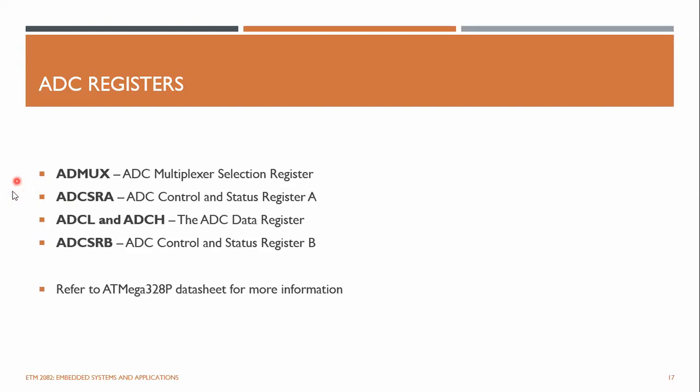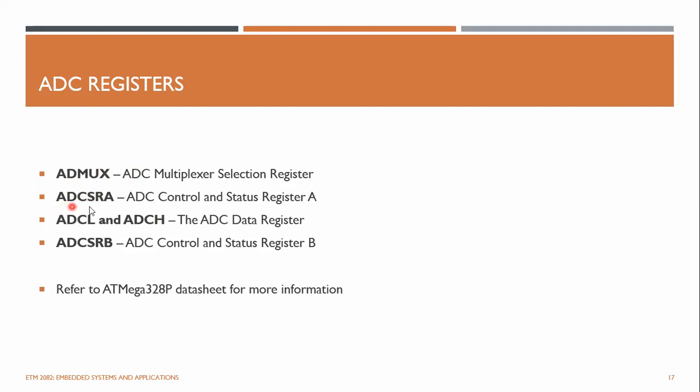All right, these are the registers that you need to deal with when you're writing the code. The first one is ADMUX, used to select which pin or ADC channel you want to convert.